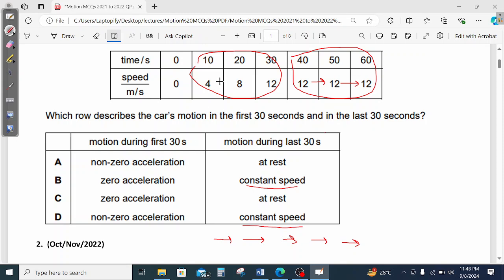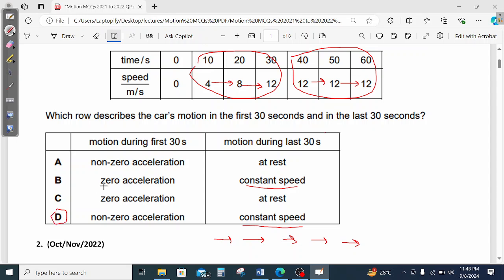But in the first 30 seconds, you can see the speed of the car is increasing from 4 to 8, and then 8 to 12. It means the body is accelerating, the speed of your car is increasing. That is why the body is moving with non-zero acceleration. Okay, so your option will be D here.